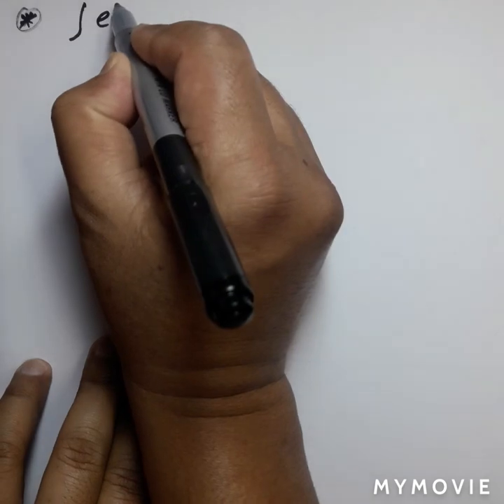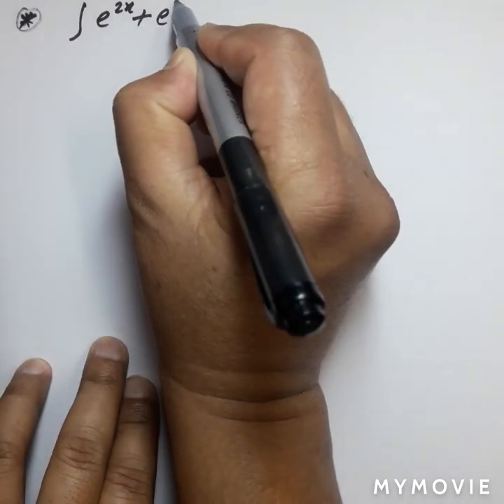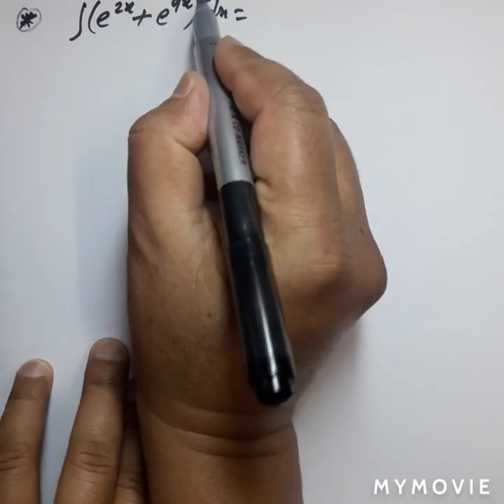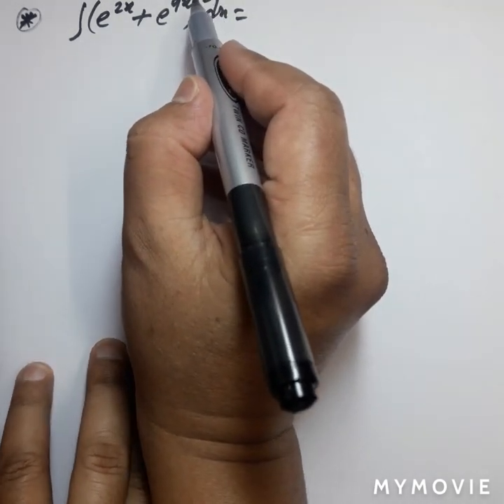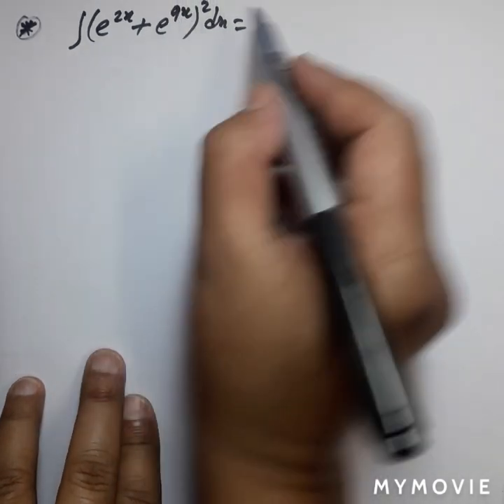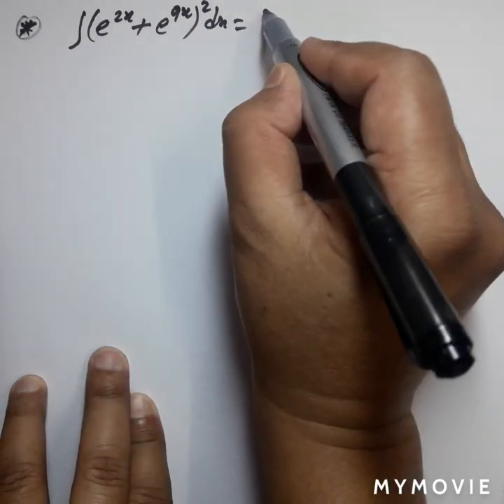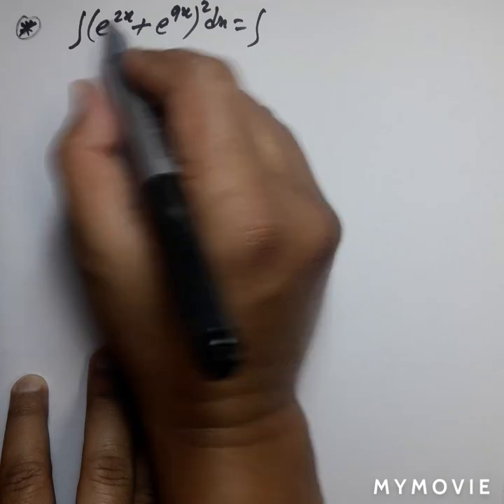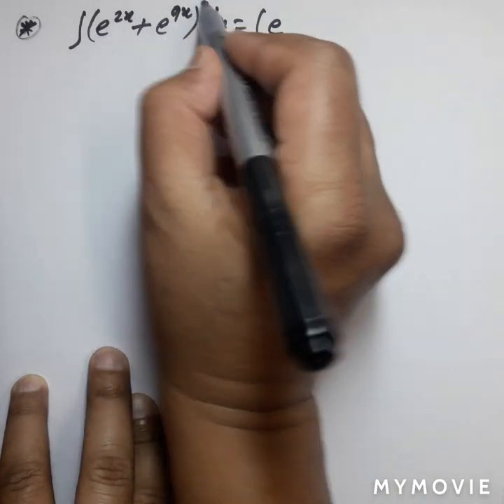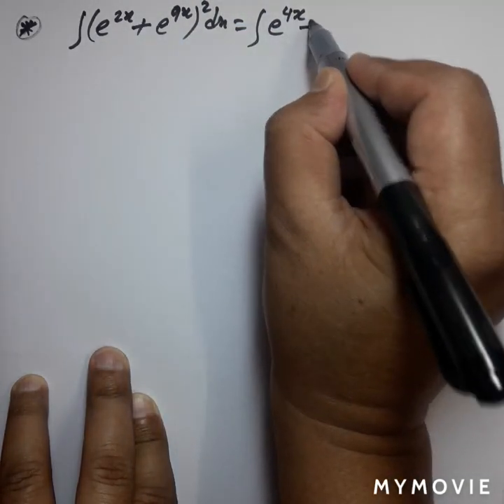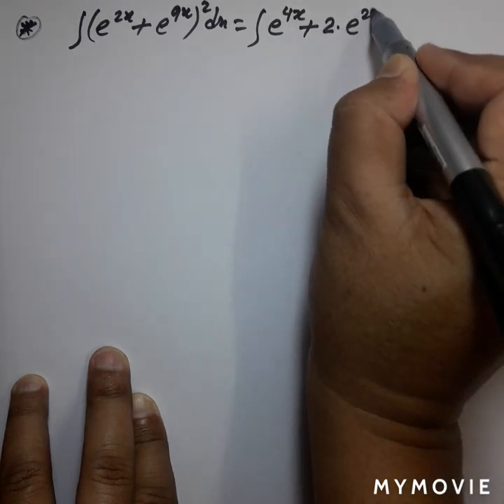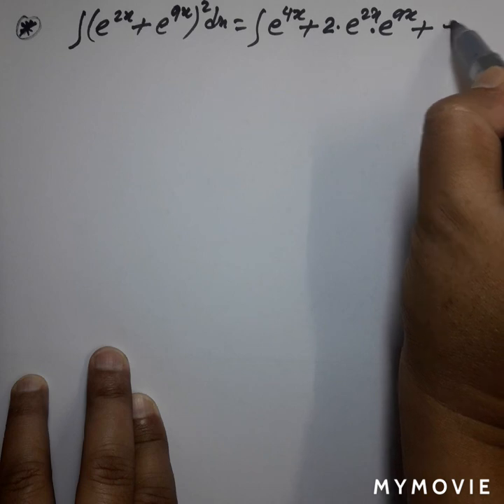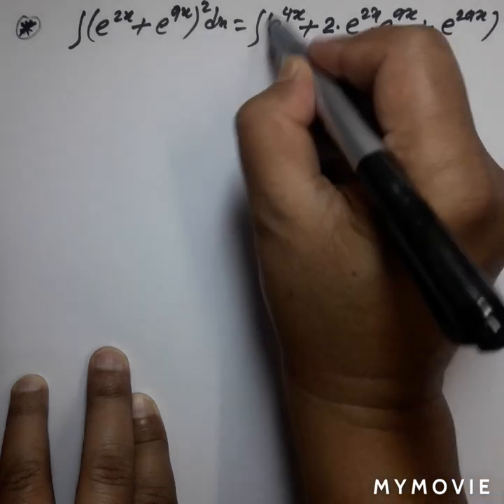Let us take (e power 2x plus e power ax) whole square dx. So here is power 2. This question can be done by opening this in formula. If we open this formula, it becomes (e power 2x) whole square, that is e power 4x, plus 2ab, that is 2 e power 2x e power ax, plus b square, that is e power 2ax dx.